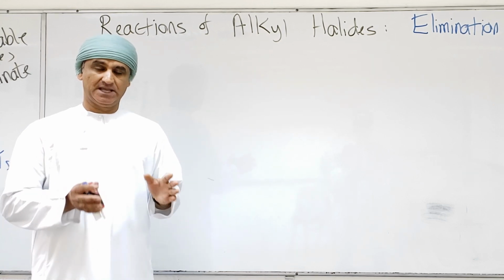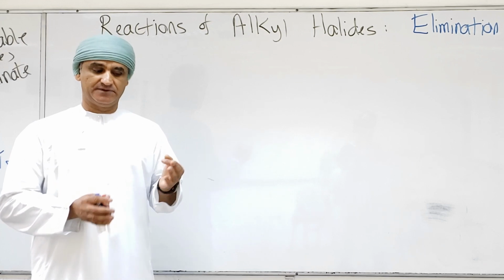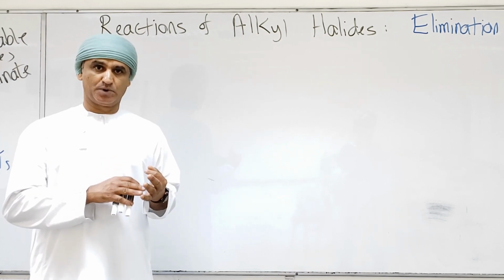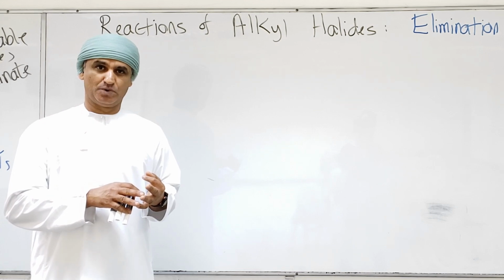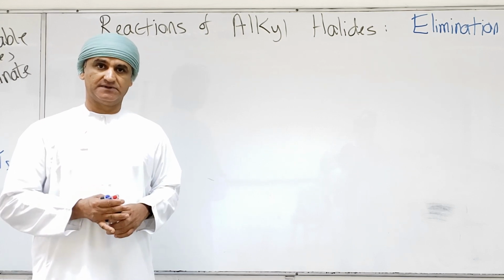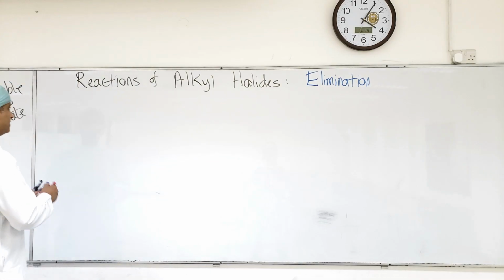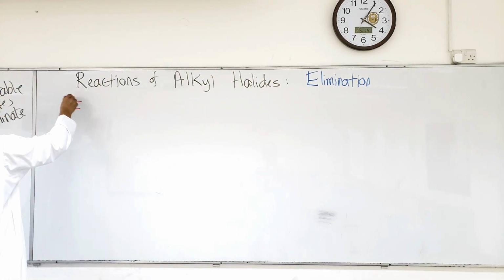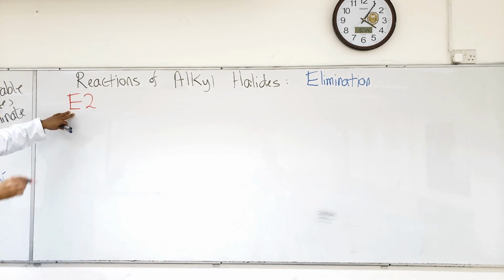So again, the elimination reaction is of E2 type if the three steps, the proton abstraction, formation of the carbon-carbon double bond, and departure of the leaving group, take place at the same time. Let's show that. Let's begin with E2 then. This is the abbreviation E2, capital E for elimination, 2 for bimolecular.